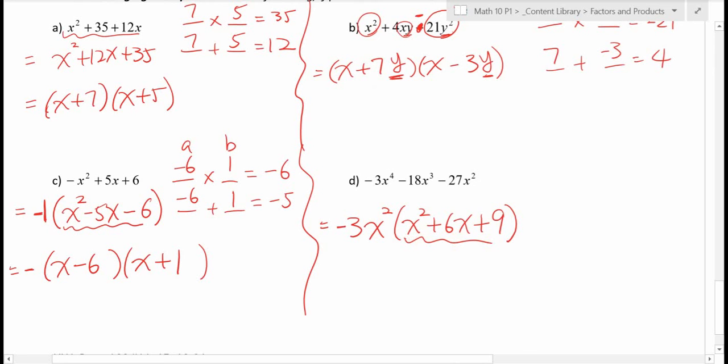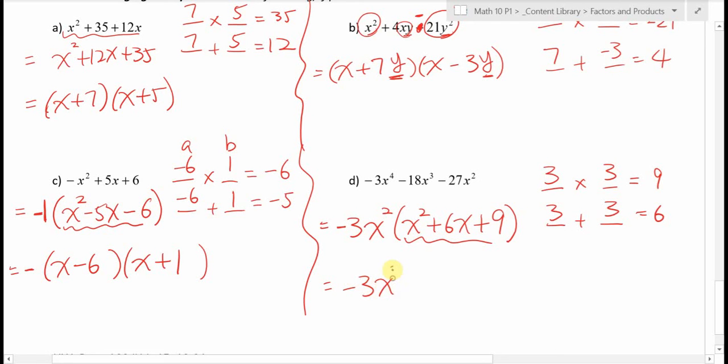Now, this looks exactly like what we had in the previous questions. So, simple trinomial, right? We're looking for two numbers multiplied to 9 and the same two numbers add to 6. And this one is not too bad. It's just 3 times 3 is 9 and 3 plus 3 is 6. It's a perfect square.